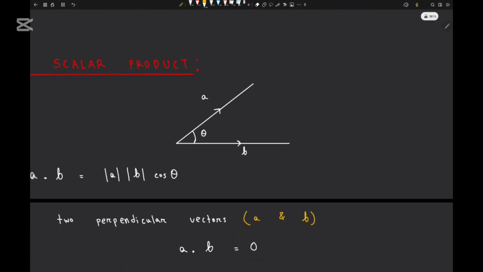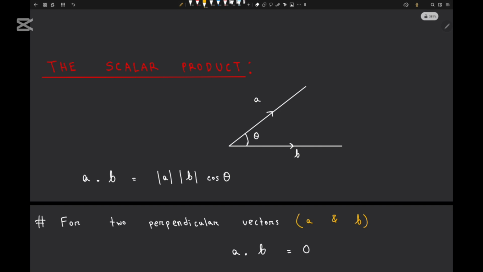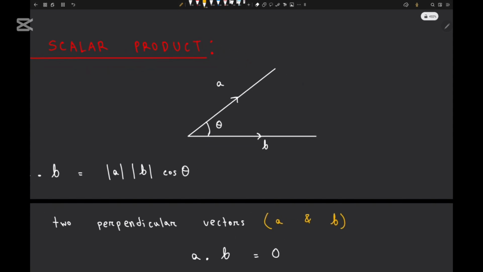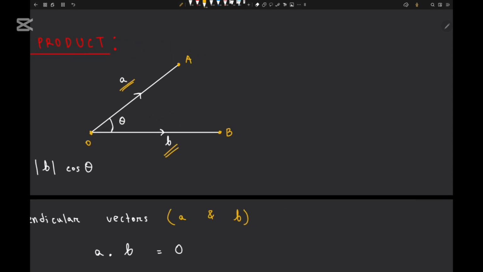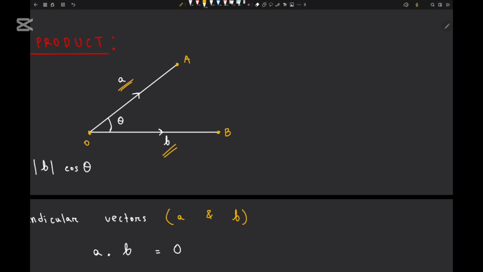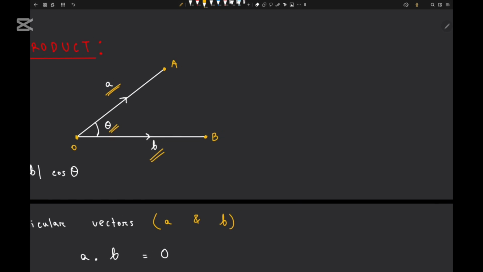Now moving on to the next part, there's a concept called the scalar product. Let's say we have two vectors. Let's say that this is point O, this is point A, and this is point B. The vectors are given as A and B. The angle between these two vectors is theta.